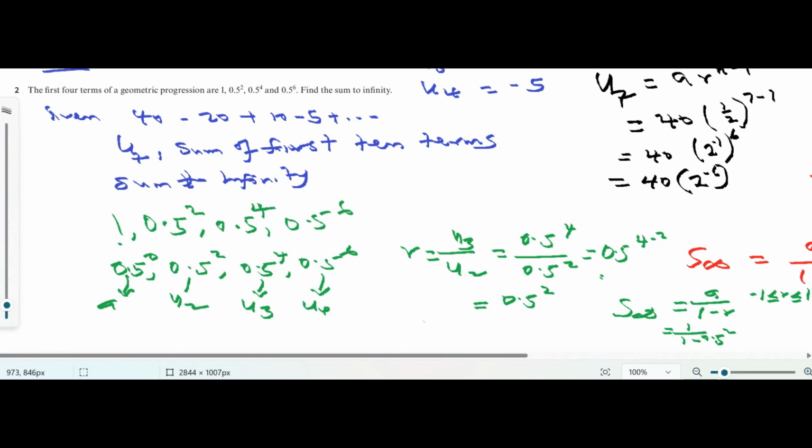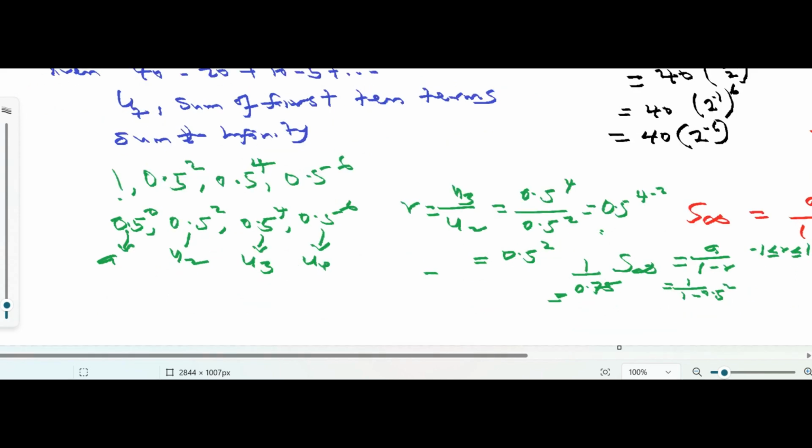So 1 divided by 0.75 gives 1.3333. So the final answer here, the sum to infinity, is 1.333 repeated. So it's 1.33 to 2 decimal places.